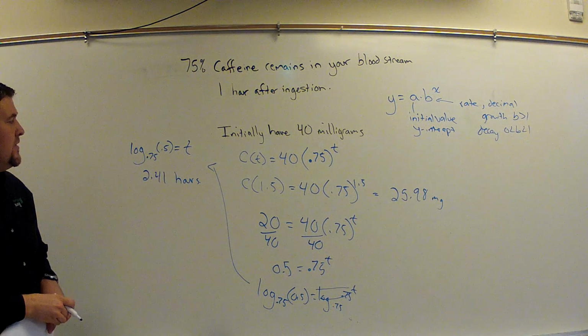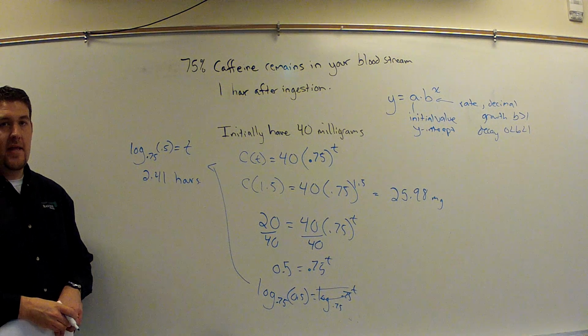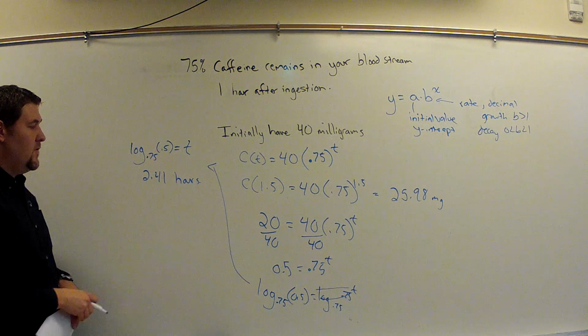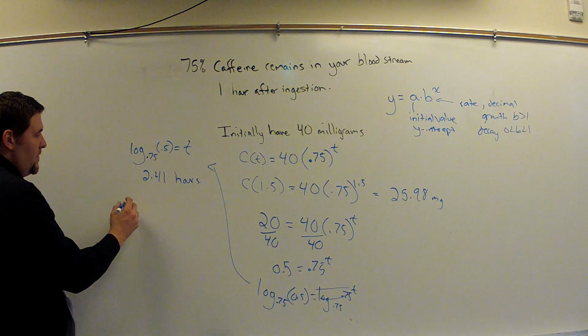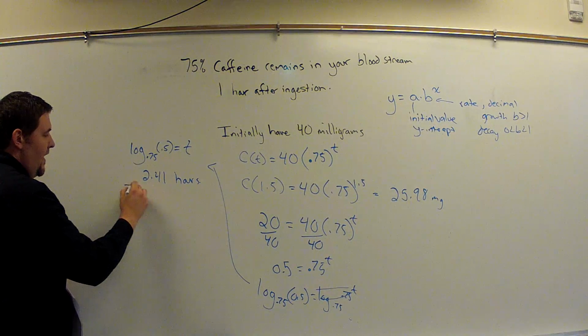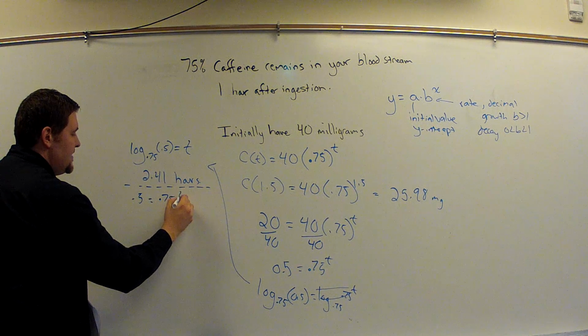Well, in addition, I want to show you how to do this calculation if you're not using an Inspire that allows us to change the base, or the 84 that allows us to change the base. You can use a common logarithm. So I kind of reapproach the problem as it was. 0.5 equals 0.75 raised to the t.